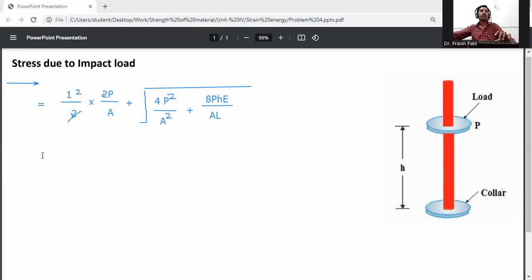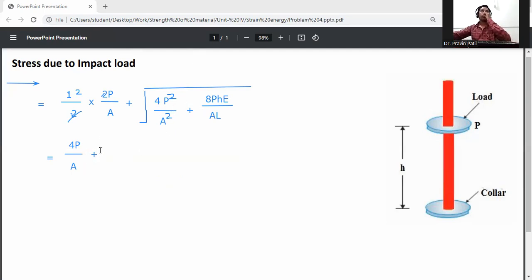4p is equal to 4p divided by a, then plus.